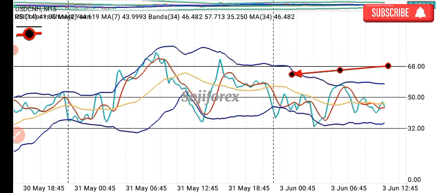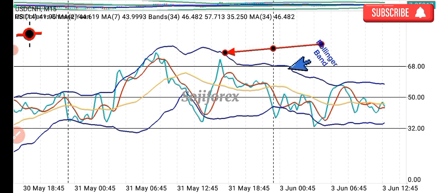So this is our TDI. The first line you are seeing here is our volatility band, and this volatility band is our Bollinger Band. This is the upper band of the Bollinger, and this is the lower band of the Bollinger. This helps us to determine the volatility of the market.